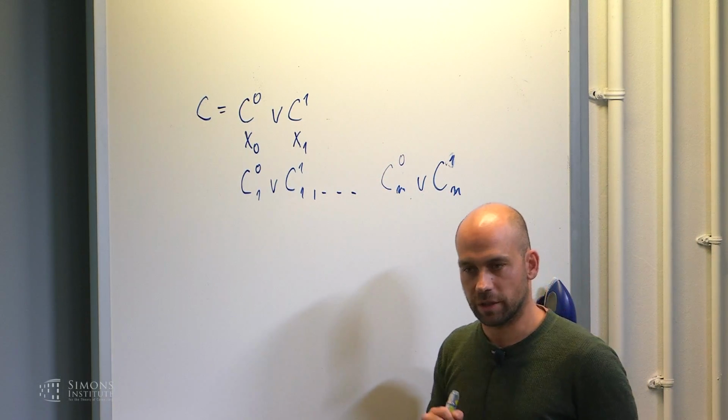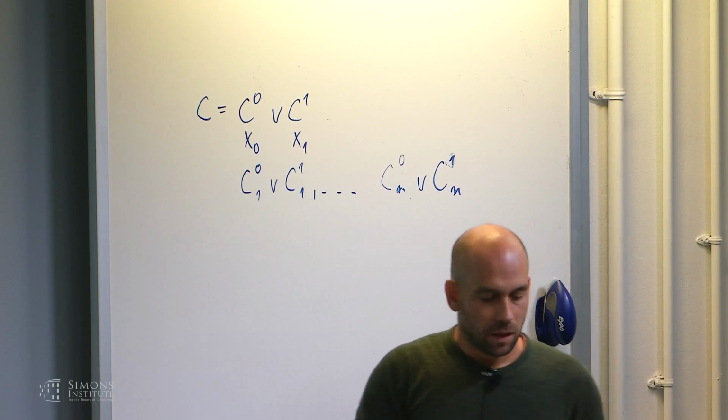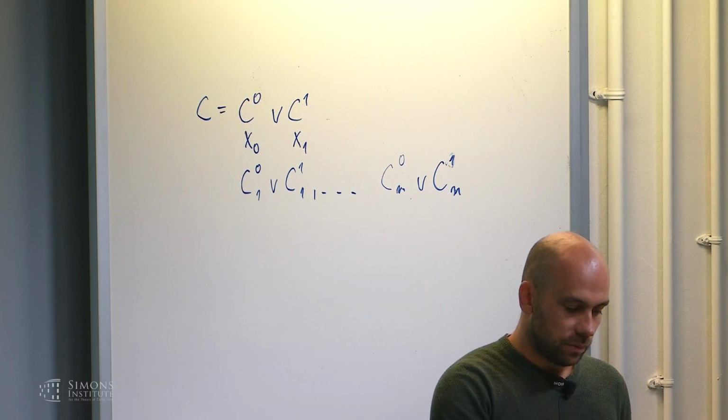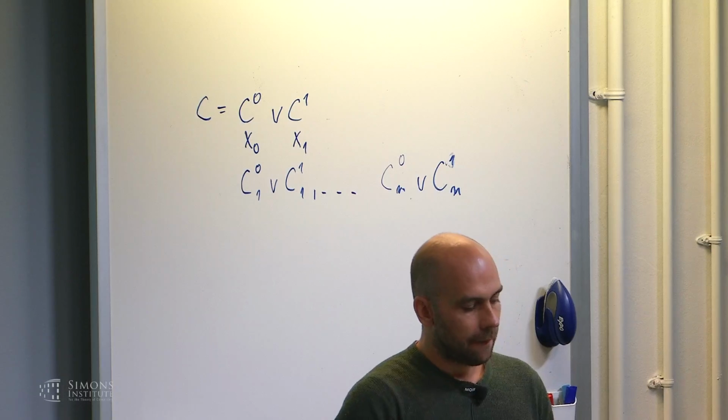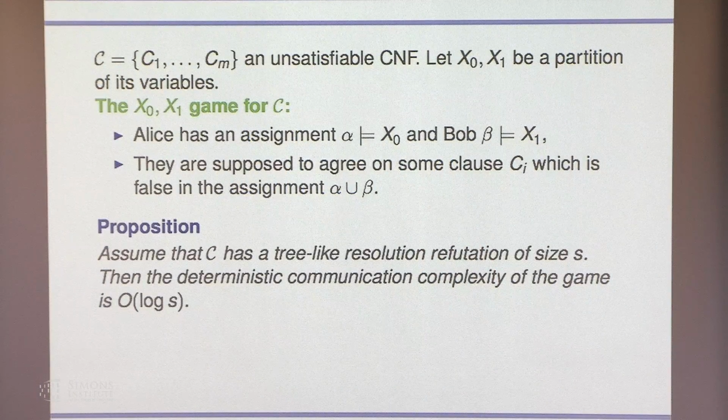And that's the communication game. Now, I would like to make a very simple observation: if you have a tree-like resolution refutation of the CNF of size S, where S is the number of inferences, then the deterministic communication complexity is at most log S. Meaning that Alice and Bob can solve this game by exchanging at most log S bits.